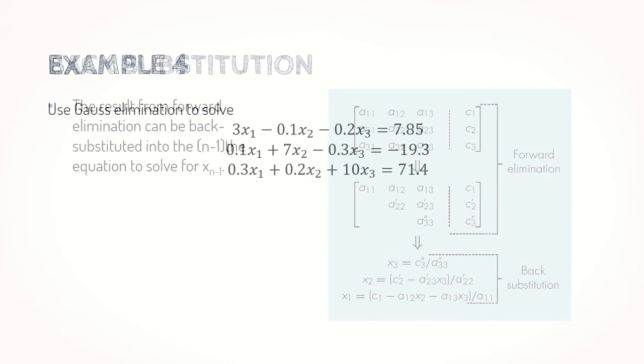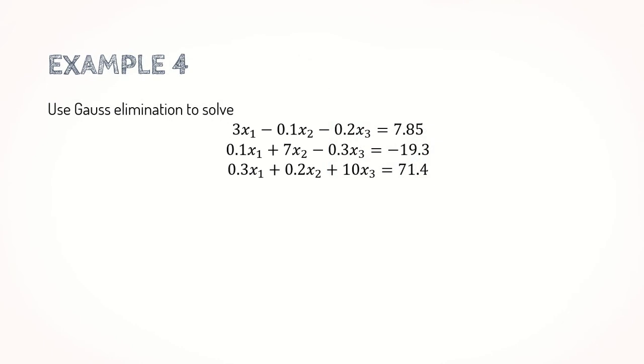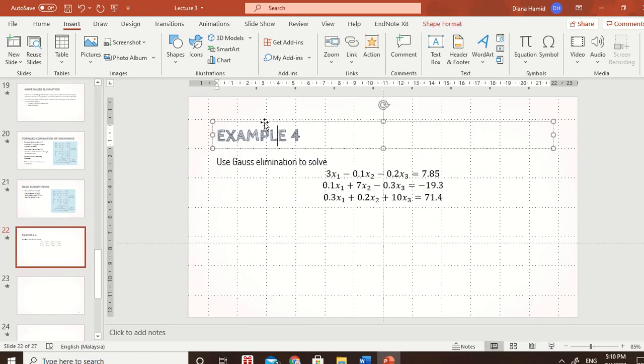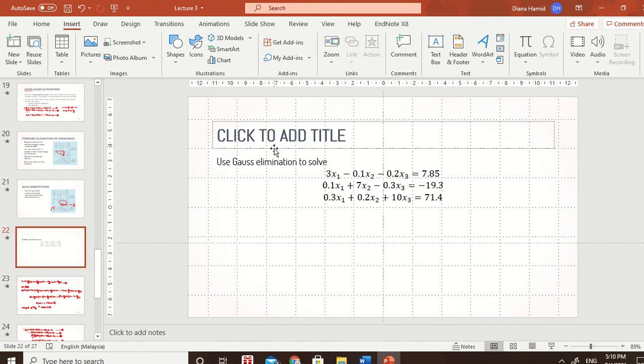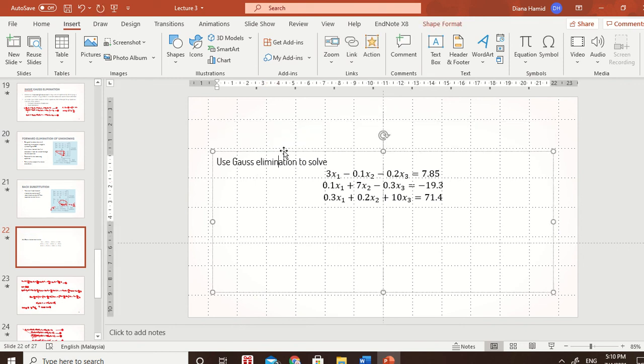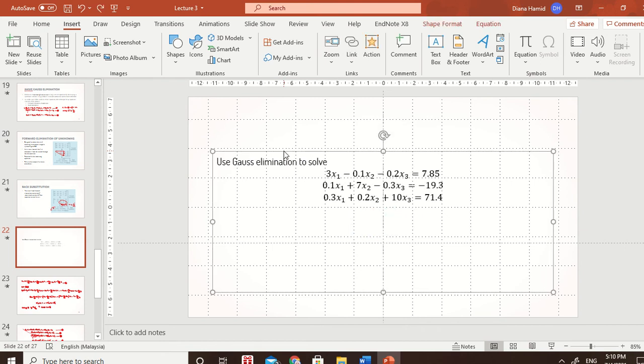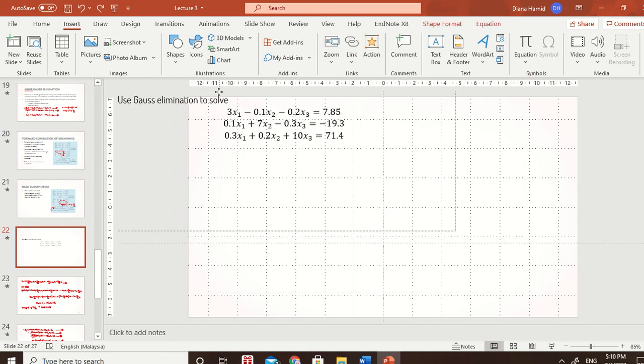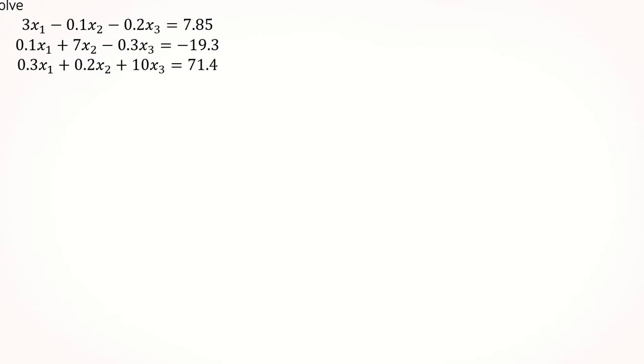I know that it's a bit hard for you to comprehend, but for example, let's say that we have this particular set of 3 equations, and we want to solve for the values of x1, x2, and x3, keeping 6 significant digits.